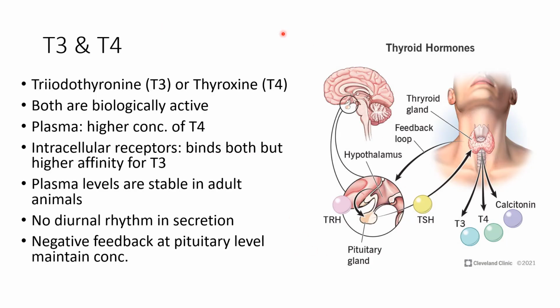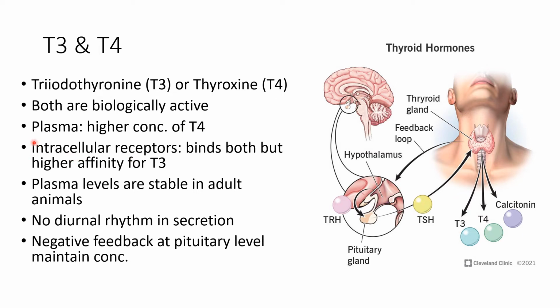Now let's go to their specific thyroid hormones, your T3 and T4. Your T3 is triiodothyronine and your thyroxine is your T4. Technically, both are biologically active. When we say biologically active, both actually exert their effect on cells. However, within mammalian plasma, higher concentrations of T4 are actually found.